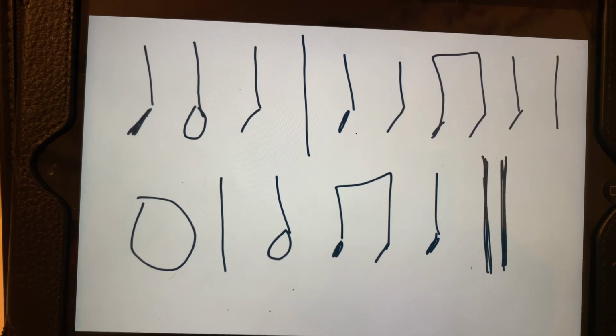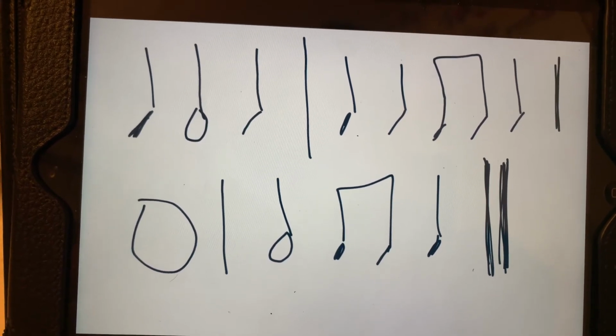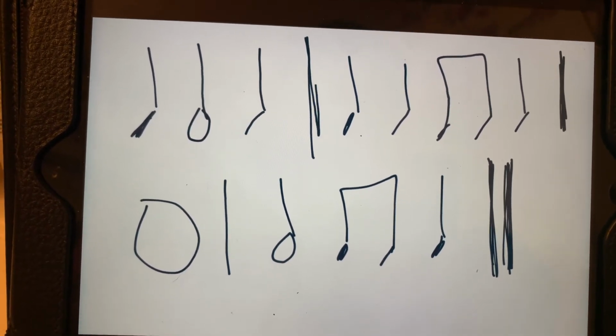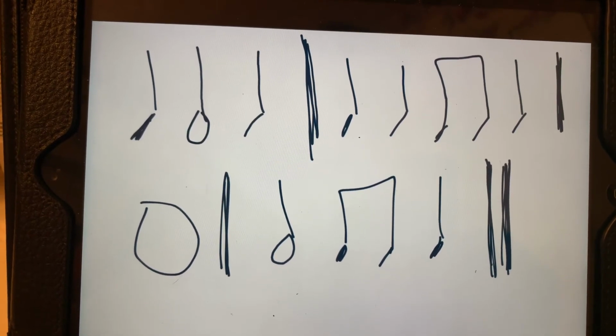Alright, now notice at the end I actually put 2 lines. 2 lines is kind of like a period in music. It's like, oh, that's the end. It's the end of our pattern.